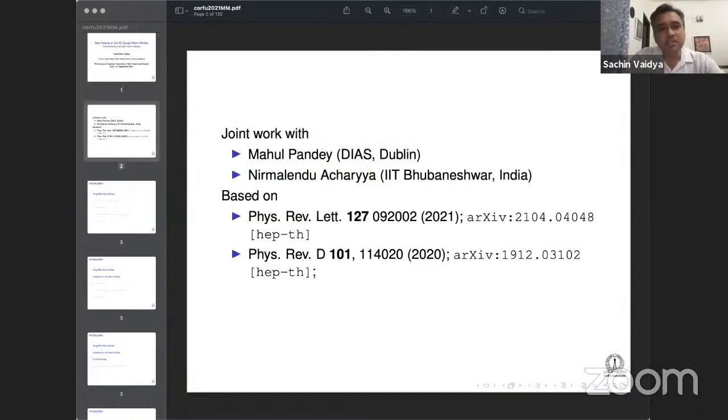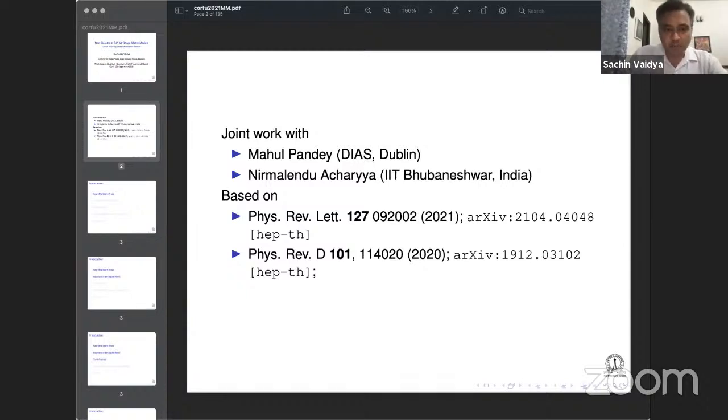This is joint work with Mohul Pandey, who is a postdoc currently at the Dublin Institute of Advanced Studies, and Nirmalendra Acharya, who is at the Indian Institute of Technology in Bhubaneswar. The work I'm going to tell you about today is based on these two papers. One of them was published earlier this year, and the other one last year.